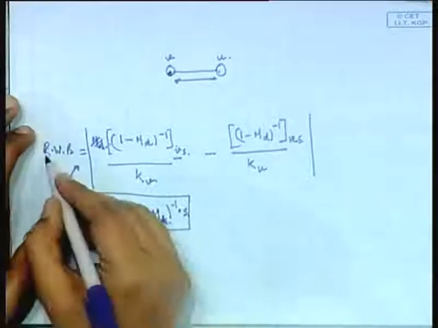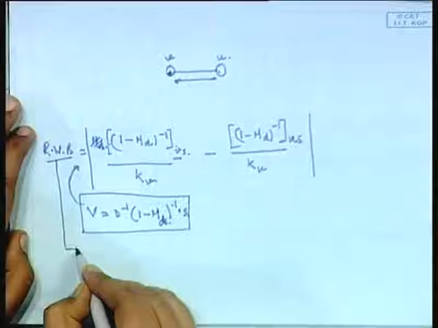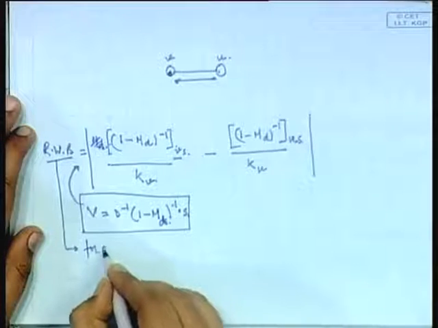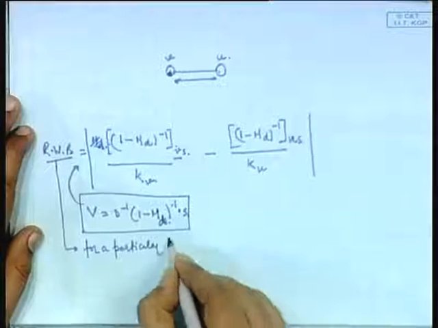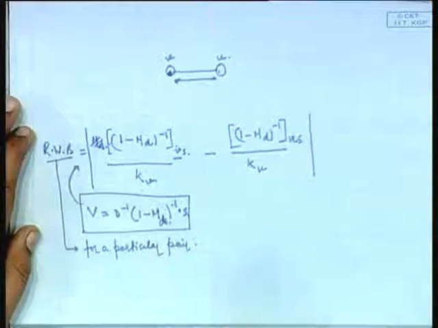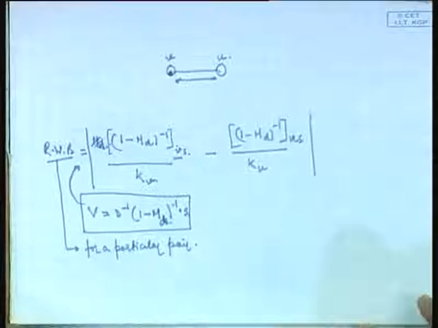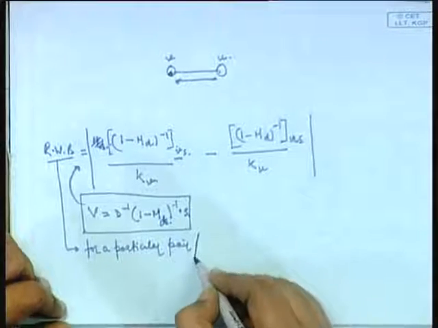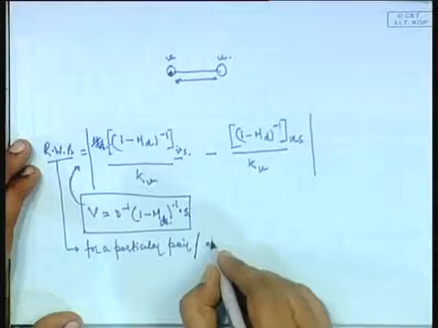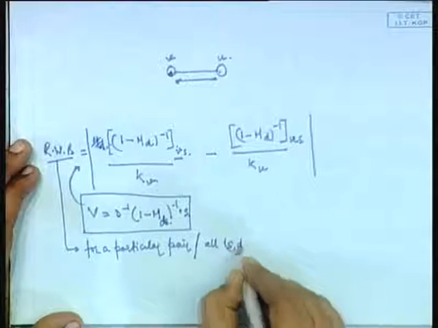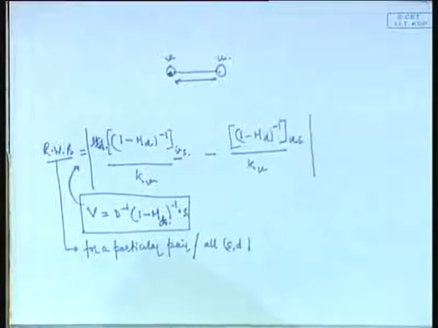So, this gives you random walk betweenness for a particular pair, and then you can do it for all pairs, all S D, and accordingly you get the random walk betweenness.